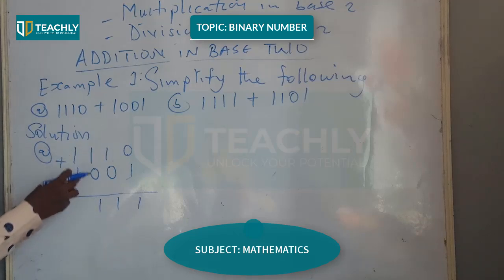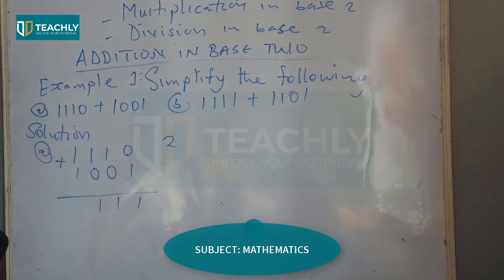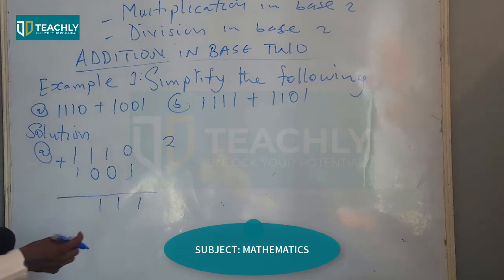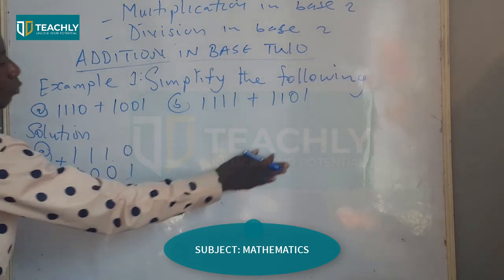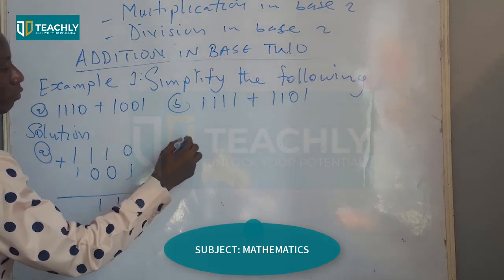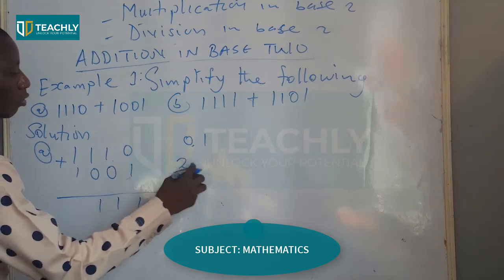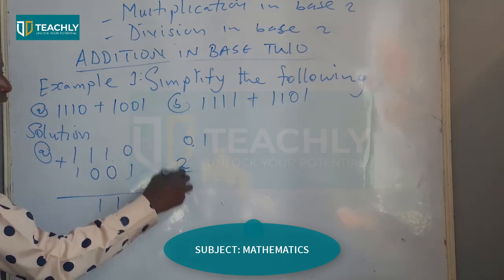So here 1 plus 1 will give us 2. We cannot write 2 because we are operating in base 2, and in base 2 the digits you are expected to have are 0 and 1. When you are having 2, we are going to use the base, which is base 2, to divide that value.